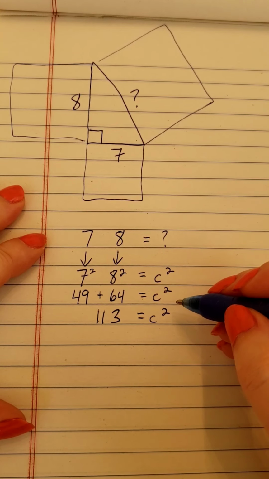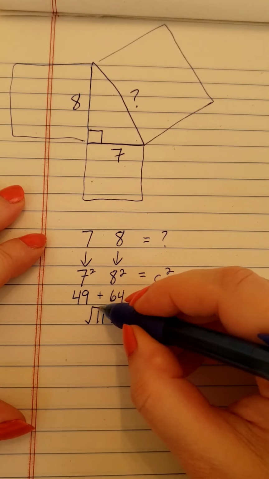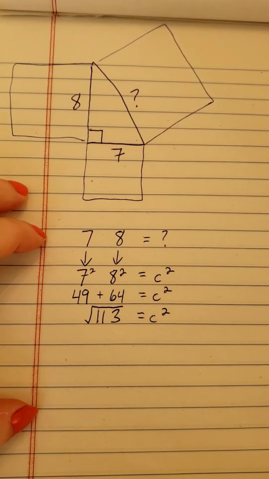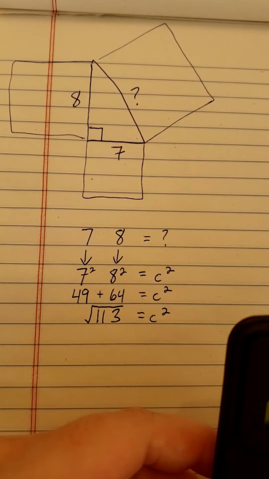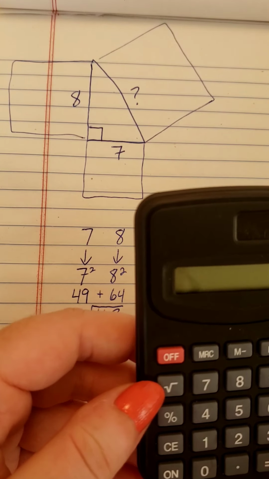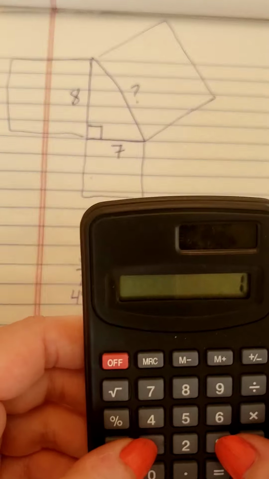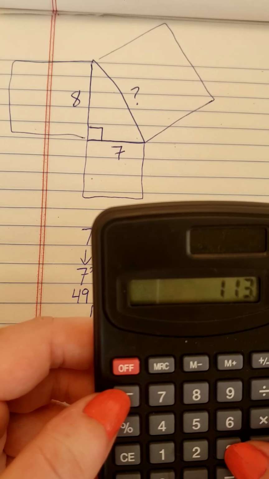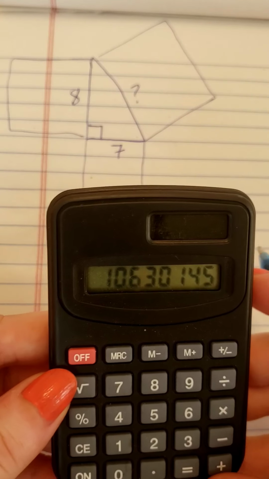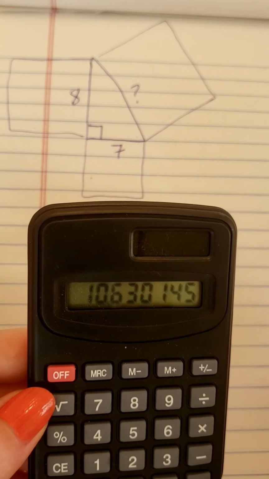Now, when I take the square root of this one, this is not a perfect square. So again, we can do one of two things. We can use the idea of estimating square roots, or we can just put it into a calculator, 113, and hit that square root button. It's going to give us about 10.6.